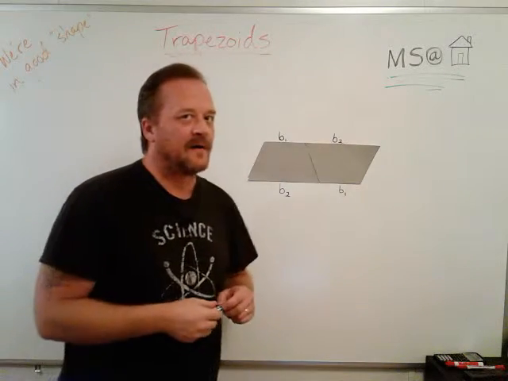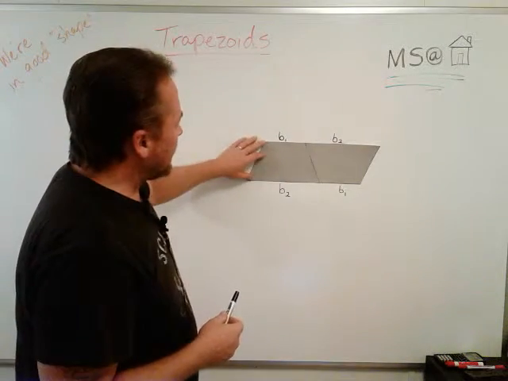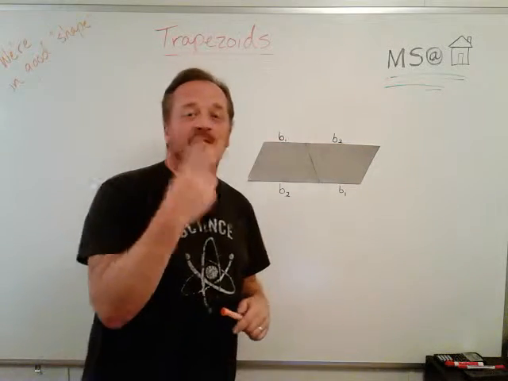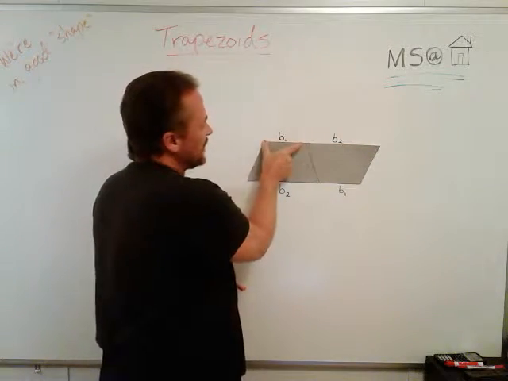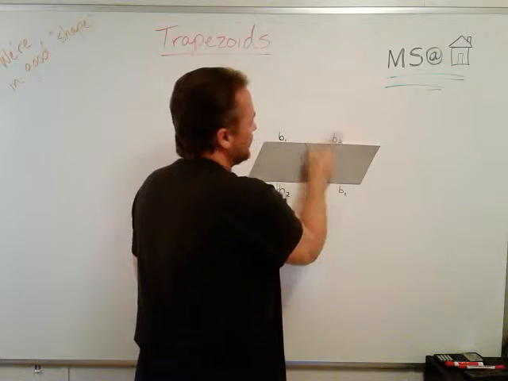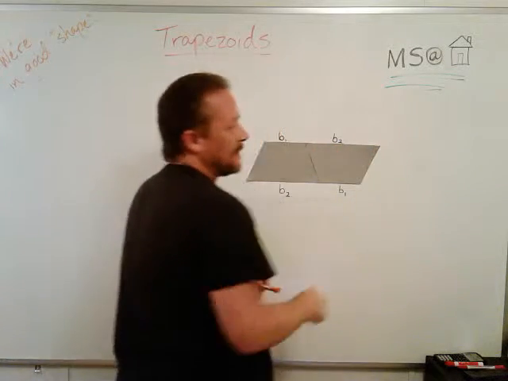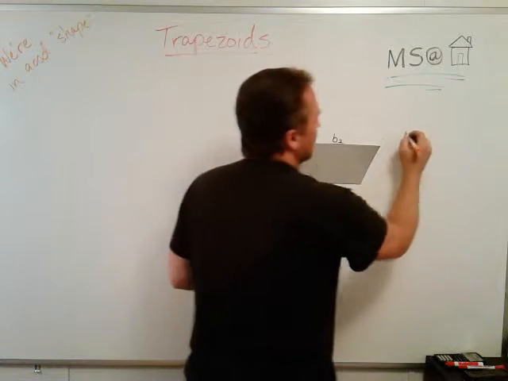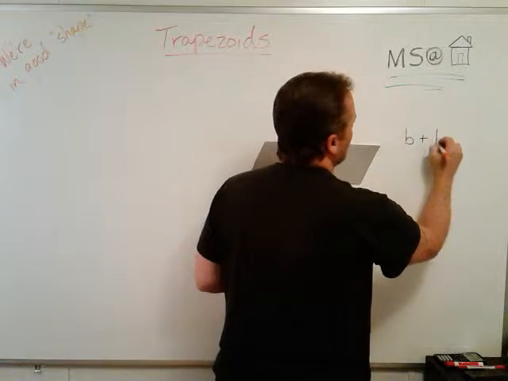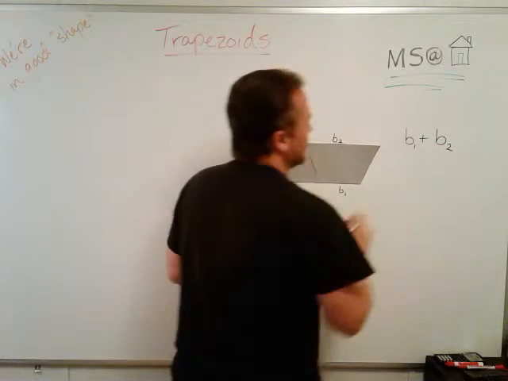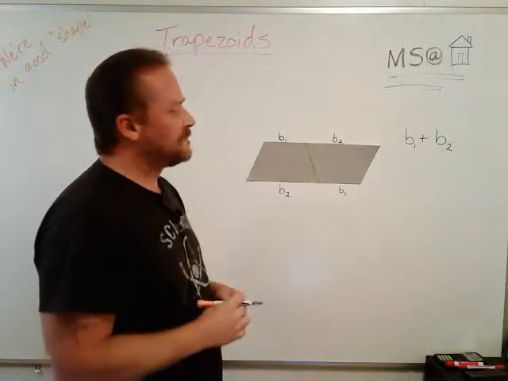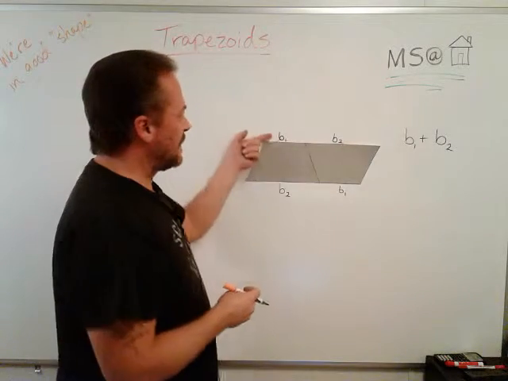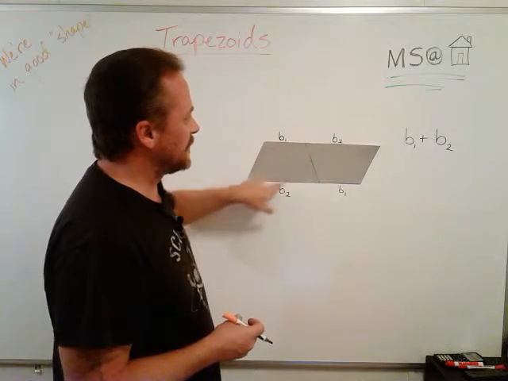That's important, because if I wanted to find the area of this parallelogram, I would have to add this length plus this length to find the total length. So I'm going to write that down. That just means I'm going to add this to this. And later, when we're dealing with just trapezoids, we're going to add that to that, because those are both the same thing, right?